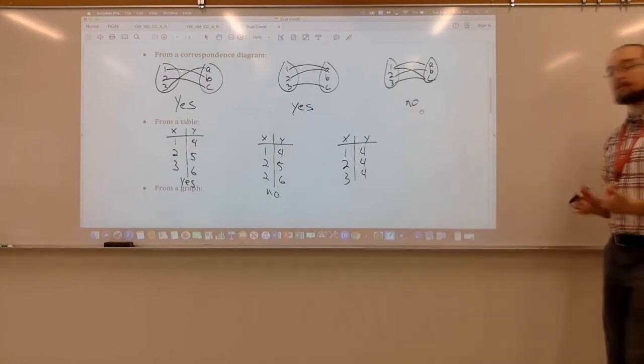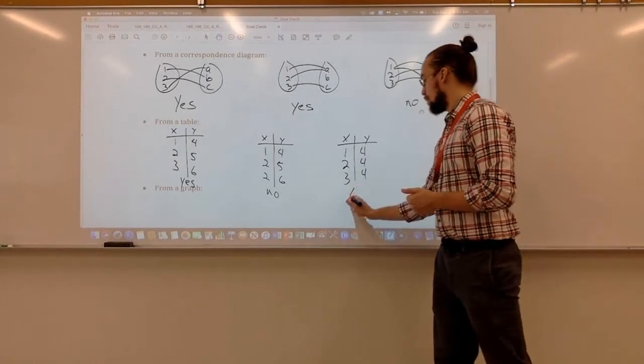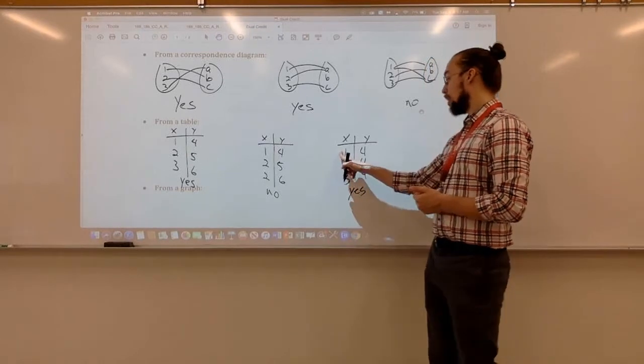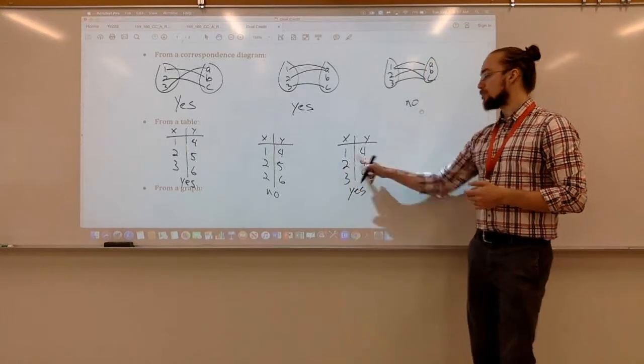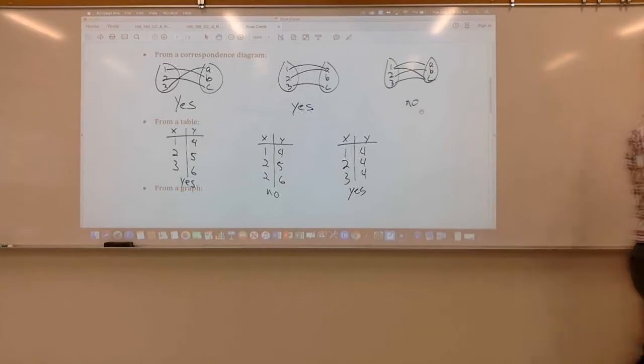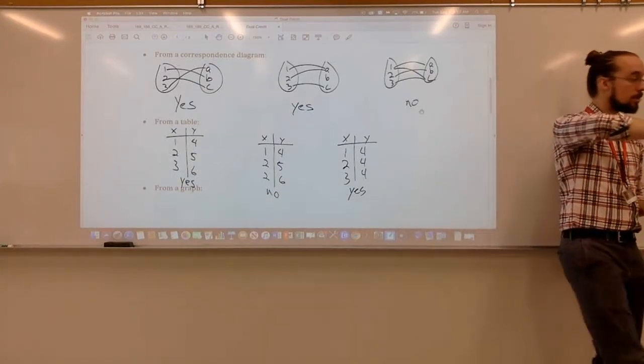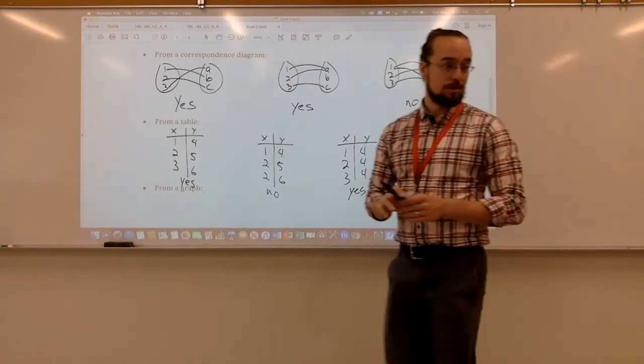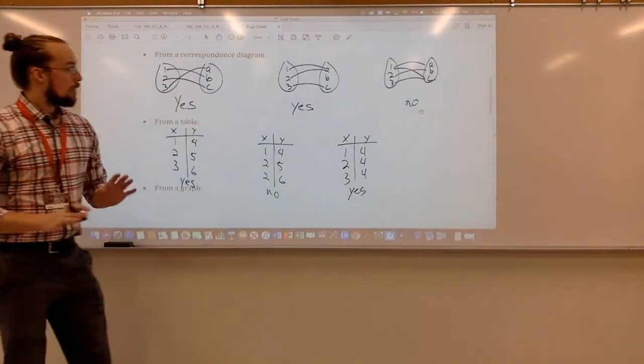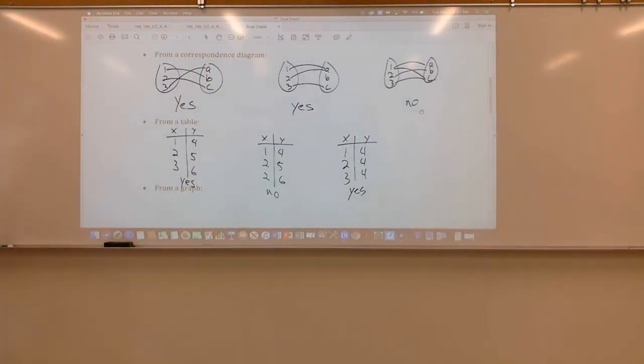That output can be the same as long as I'm only mapping each input to one output. This graph will just be a horizontal line, y equals 4. We okay with those two?